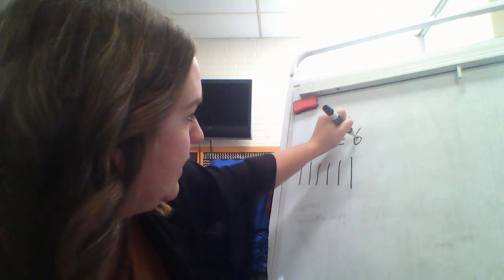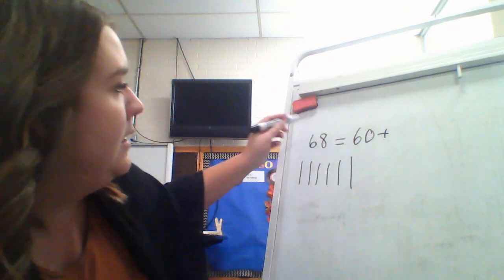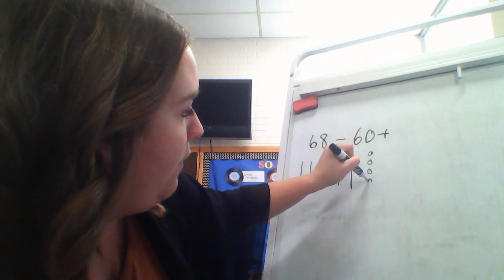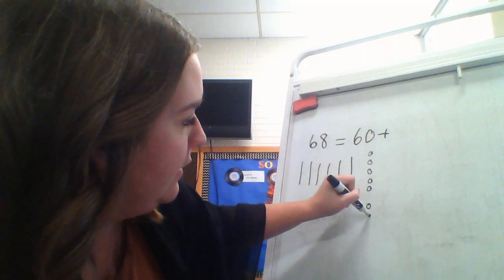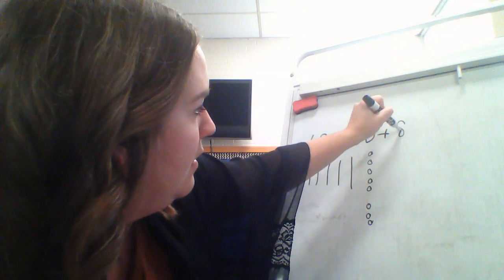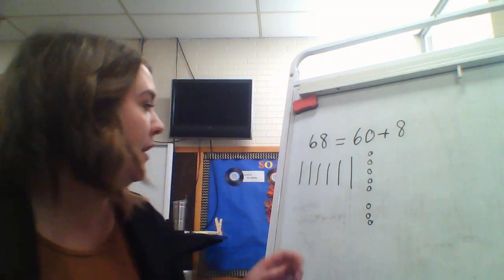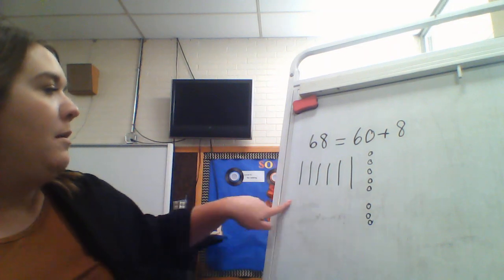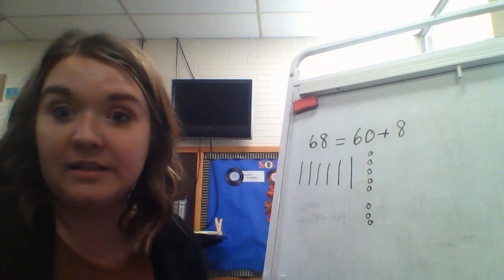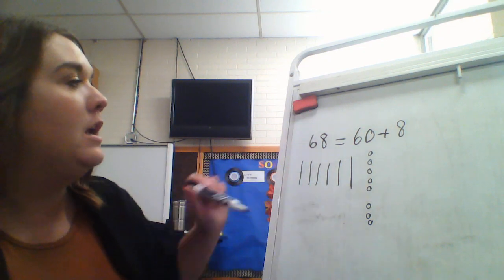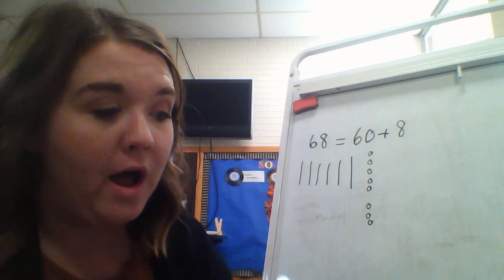Okay, so that's 60 plus I need to get to 8. 1, 2, 3, 4, 5, 6, 7, 8. Okay, so 68 is the same as 60 plus 8, and I represent 60 by using 6 sticks that show tens, and I represent 8 by showing 8 dots that represent ones.